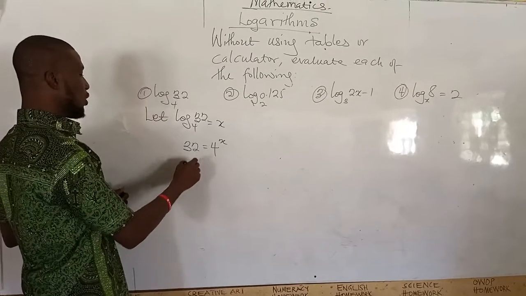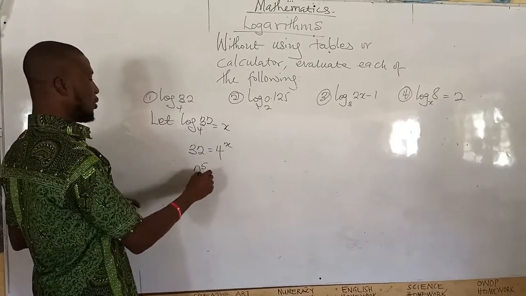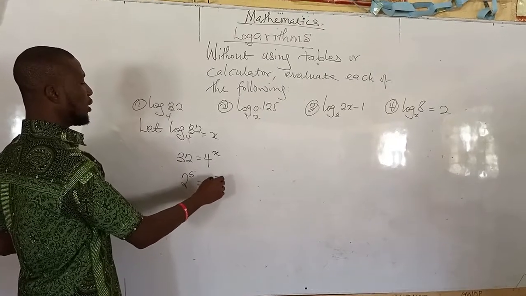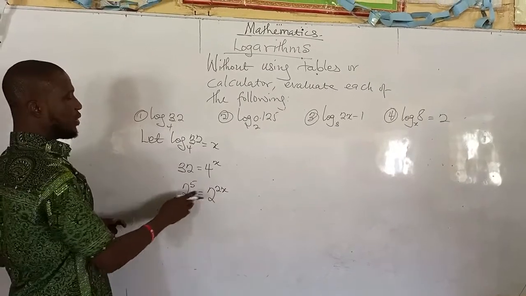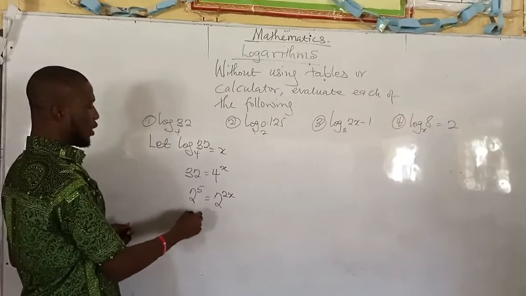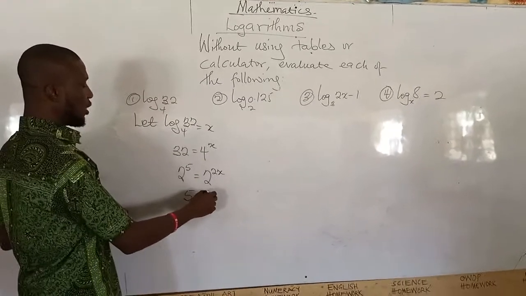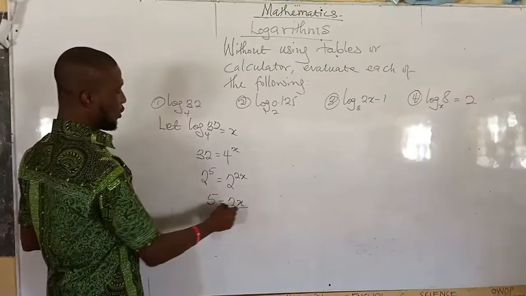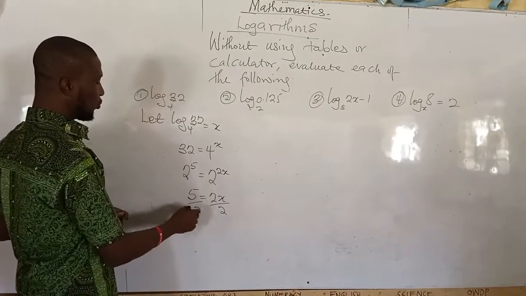We will make 2 exponent 5 equal to 2 squared for the 4, raised to x. The bases are the same, which means we have 5 equal to 2x. We are looking for x and not 2x, so we divide both sides by 2.